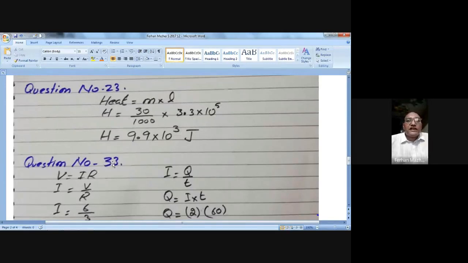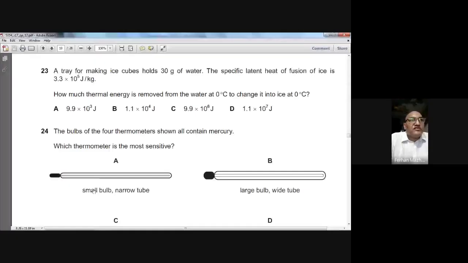Just multiply them on a calculator and you get the answer 9.9 × 10^3 joules. So that was question number 23. Let us check the options: 9.9 × 10^3 joules, so A is the choice for question number 23.